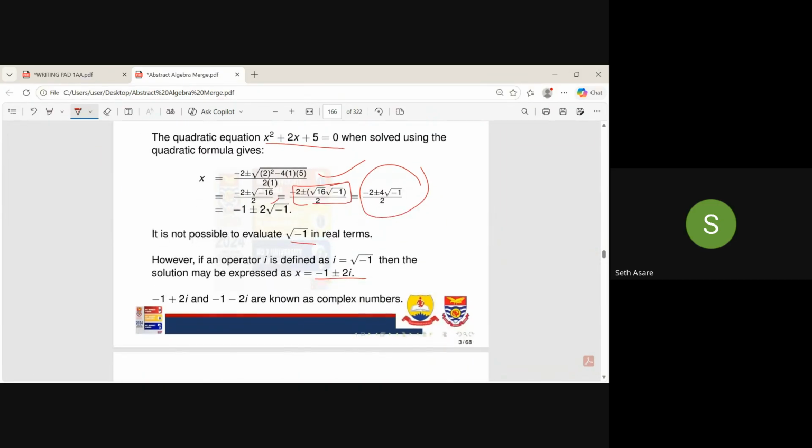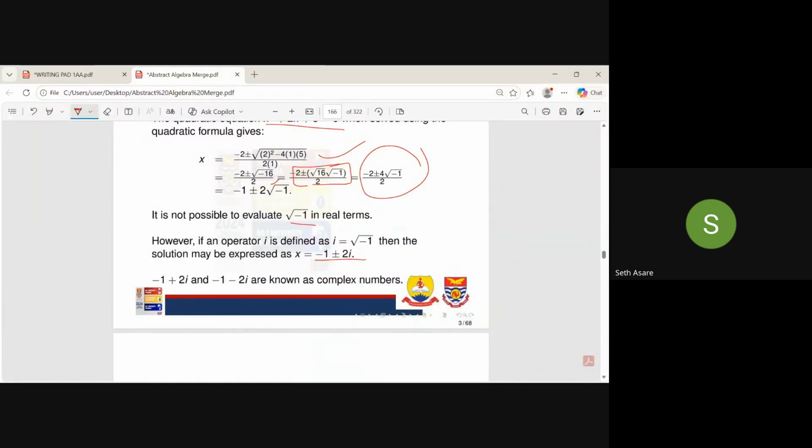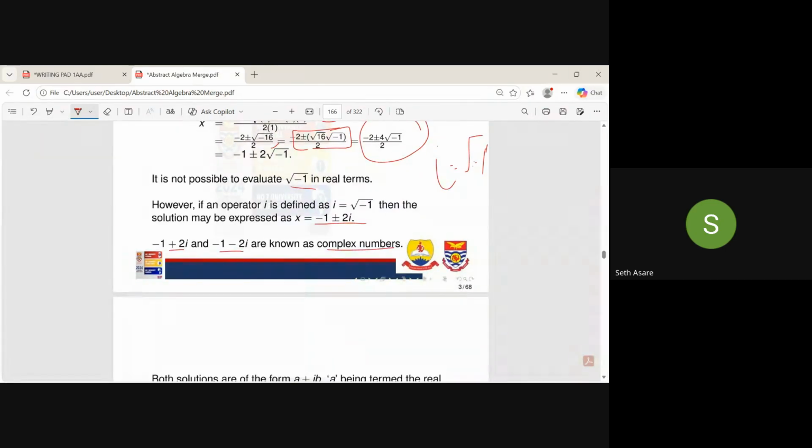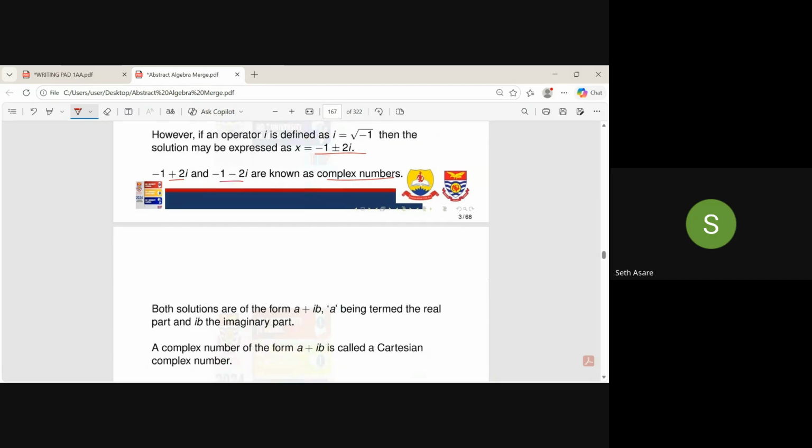So we can solve it as minus 1 plus 2i, then minus 1 minus 2i. This is called complex, with the introduction of i equal to root of minus 1. So we can see that sometimes in the real number system, certain quadratic equations have no solution, but when you come to the complex number system, we can solve them.